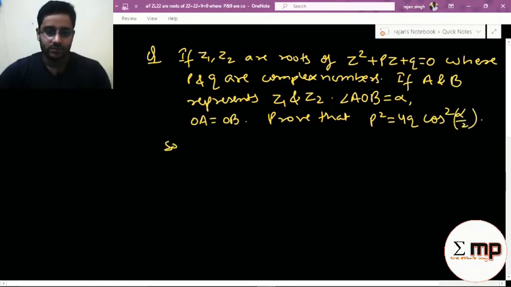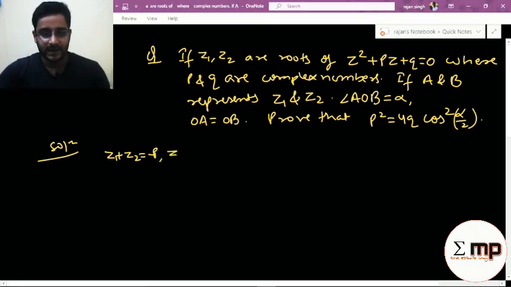So how to do? What is given? z1, z2 are the roots of this equation. I will write the sum of the roots and also the product of the roots. P and Q are complex numbers. If A and B represent z1 and z2 on the argand plane.